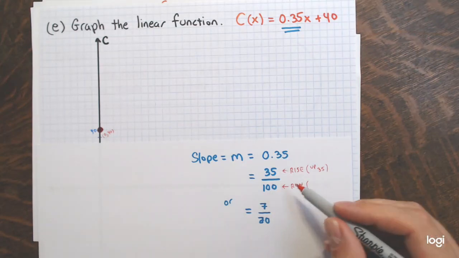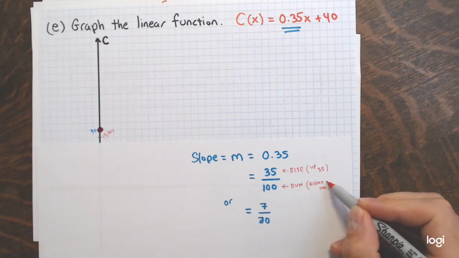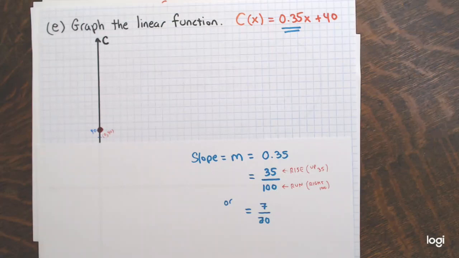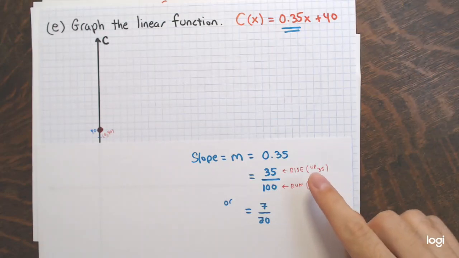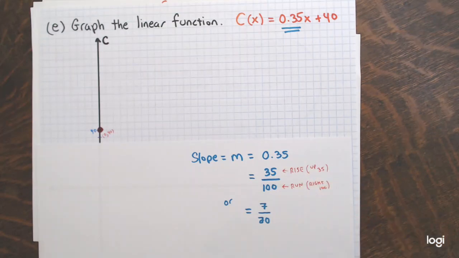And a positive run indicates I'm moving to the right. So right 100 units. So this tells me how to get from one point to another point on this line. I can go from a point on the line, I can go up 35 units and then right 100 units. All right, so let me do that here.